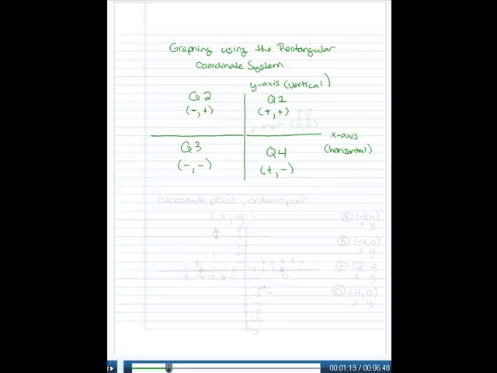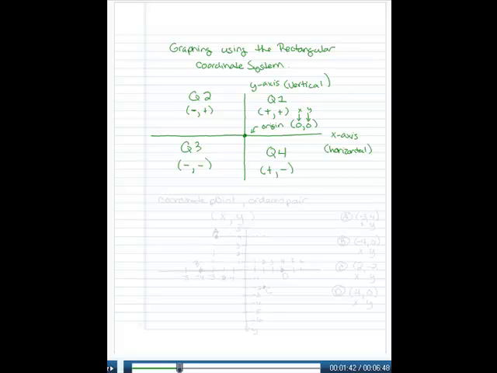Well, before we start to make lines, we're going to start with plotting points. So let's start with the point that we call specifically the origin. The origin has a coordinate point of 0, 0. And that is because it falls where the x-axis is 0 and on the y-axis where it's 0.